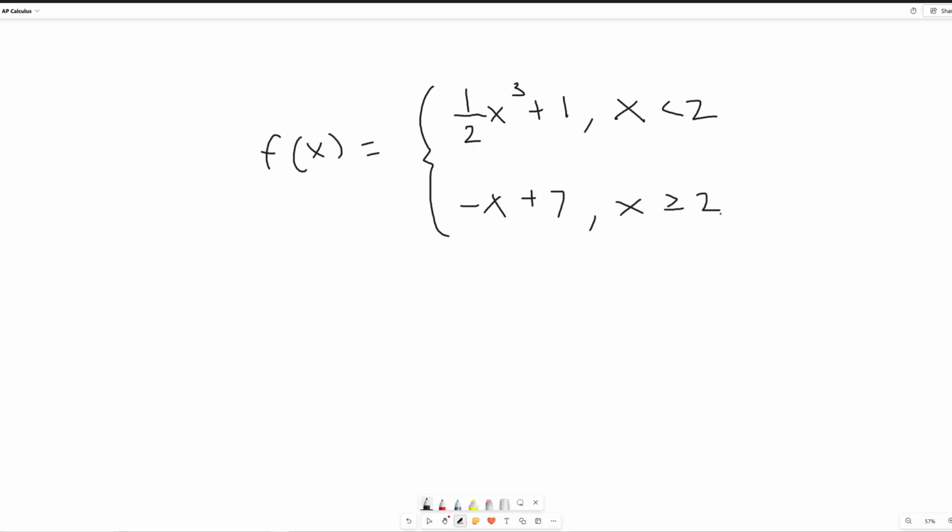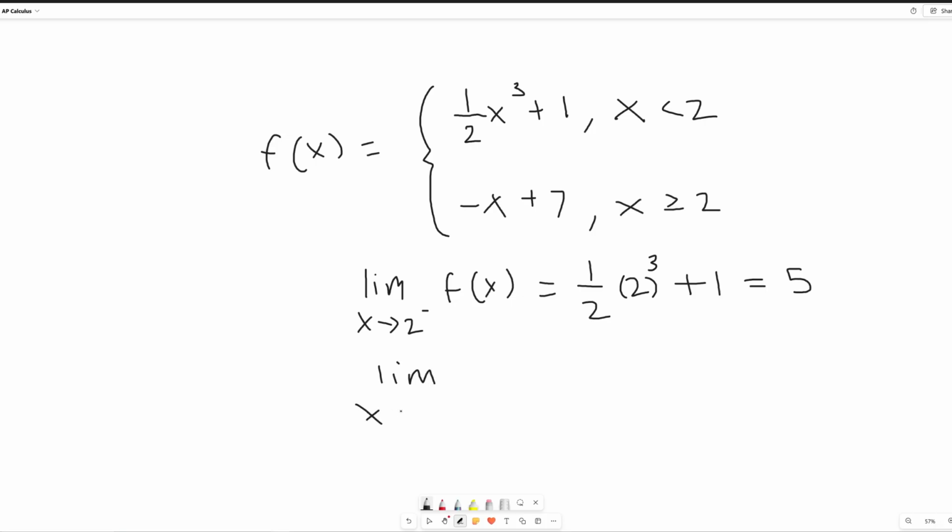It might ask this in different words, like can this theorem be used, which we'll go into later. But in simple terms, is f of x continuous at x equals 2? All you have to do is plug 2 into your function from both the left and the right. Essentially, you take the limit. As x approaches 2 from the left, you're going to get 1/2 times 2 cubed plus 1, which equals 5.